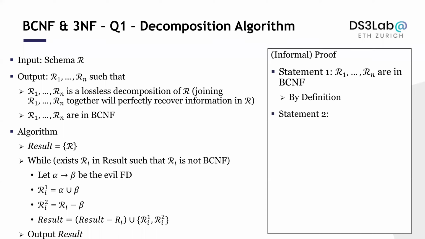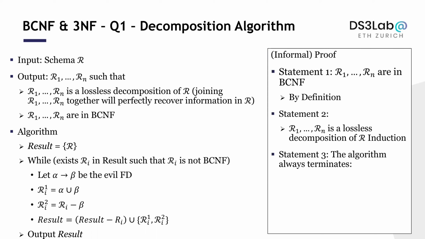The second statement is that R1 to Rn is a lossless decomposition of R. Here you prove it by induction. Assuming you are at step n-1, for one relation after this decomposition, I have a lossless decomposition of that specific small relation, and you do that by induction. That is how you prove it.